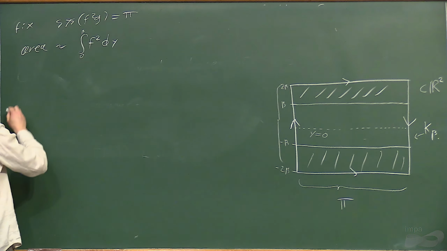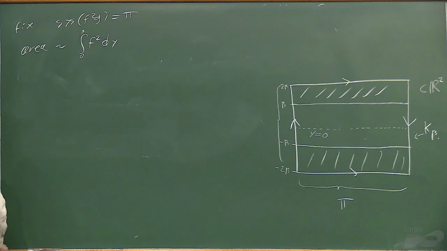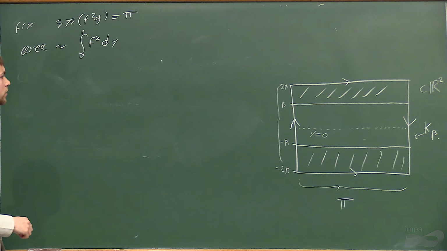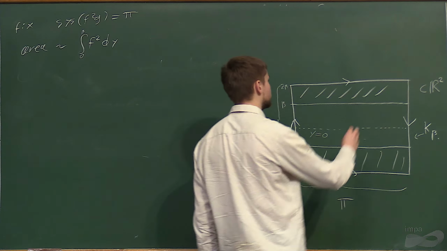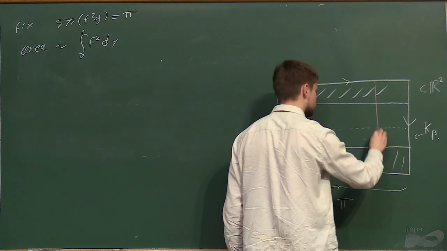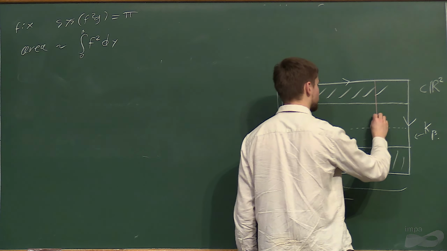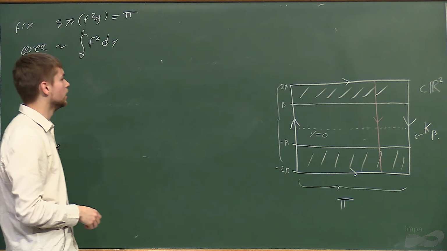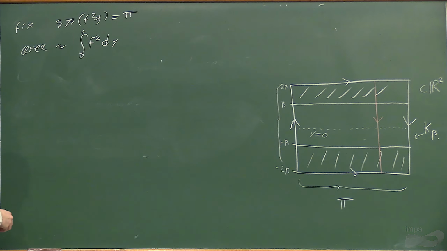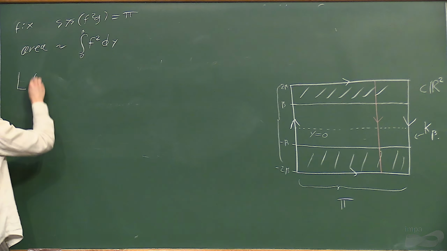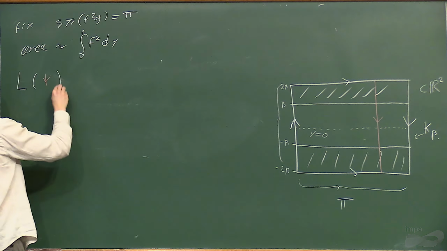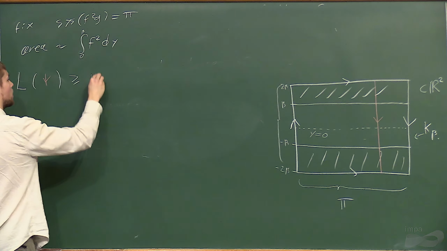So, for example, the first thing which we get, well, because this says that every non-contractible curve has to be of length at least pi. And so we can look at curves that cross the Klein bottle like this. So they go straight down, and this is a closed curve. And so the length of this curve has to be at least pi.